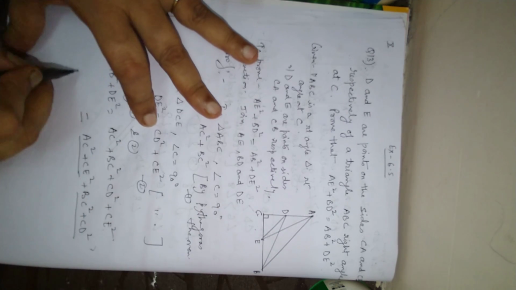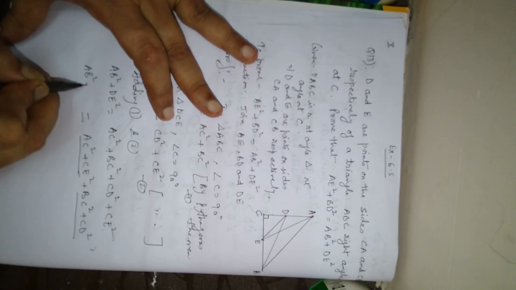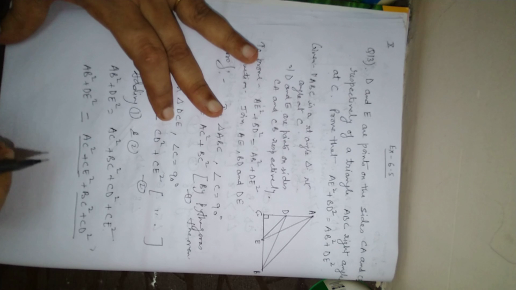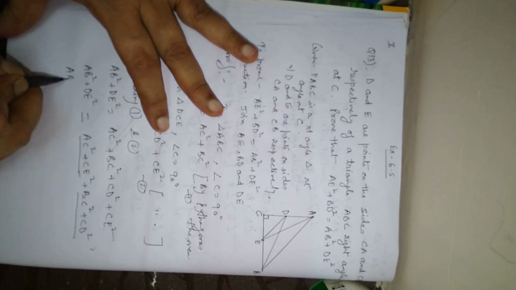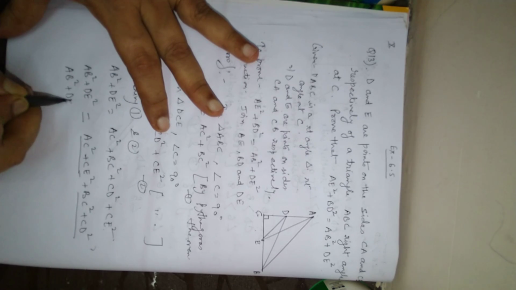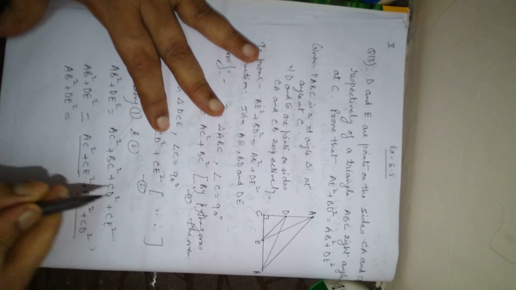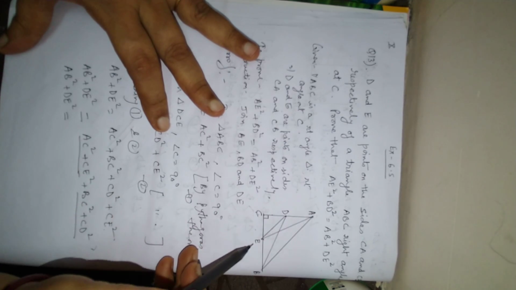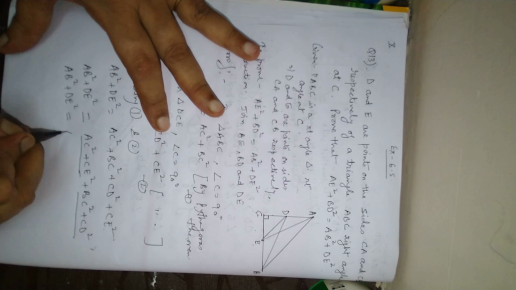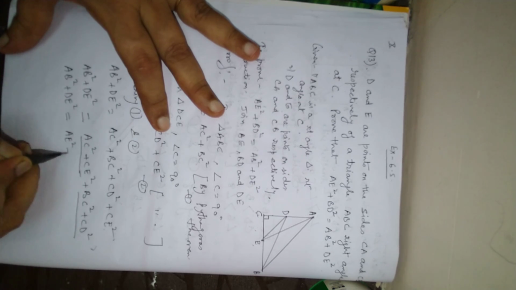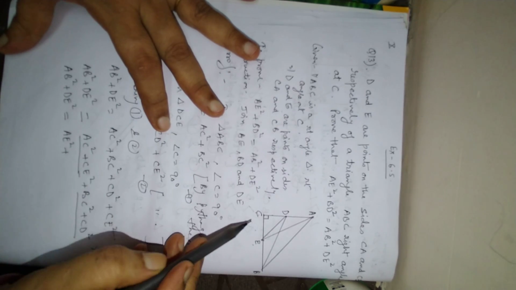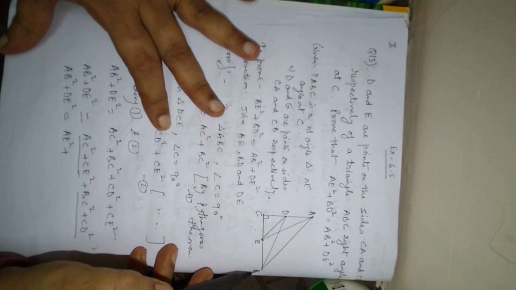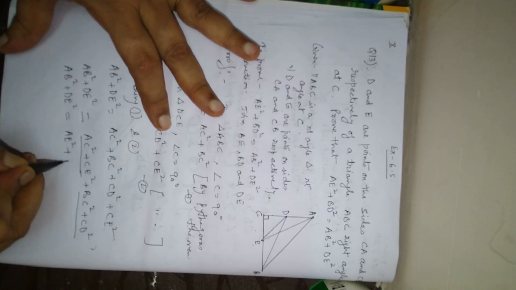So we can write AB square plus DE square, that is equals to AC square plus CE square is AE square, and BC square plus CD square, that is equals to BD square.